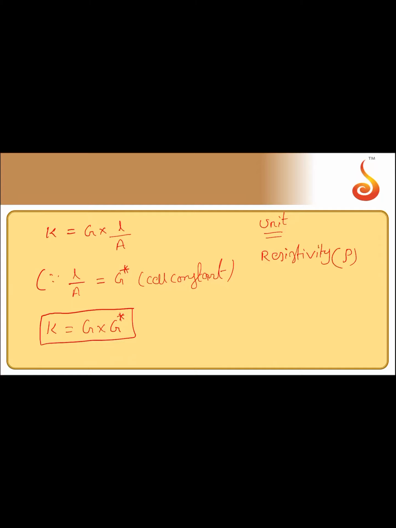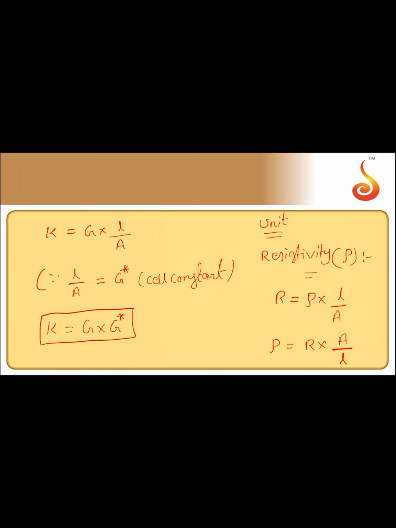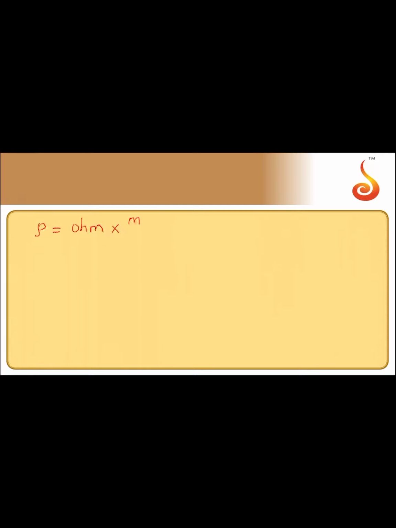If we take the equation R is equal to rho into L by A, then rho is equal to R into A by L. Here the unit of R is ohm, L is meter, and A, the area of cross section, is meter square.